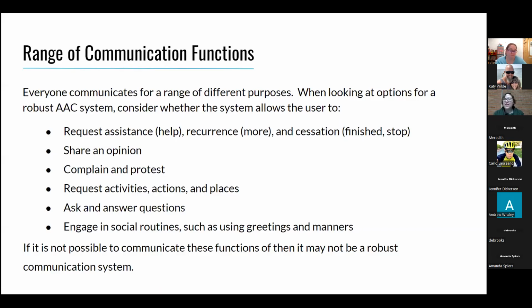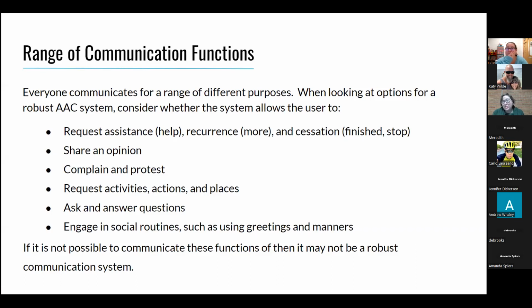So the first piece of having that robust communication system is having a device that allows a child to express themselves with a range of communication functions. This morning, I know I gave directions. I heard some complaints and protests from my kids getting up out of bed, and they definitely requested some assistance. And I had to ask some questions.